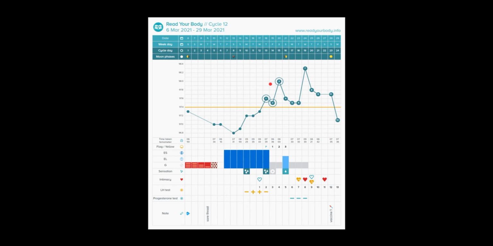Because if you're just eyeballing it, it's not going to be accurate enough to know for sure whether ovulation has taken place. And when we're talking about something as important as birth control, using this method to effectively avoid pregnancy, it's only going to be as effective as the quality of the data we put on the chart and the way we interpret it.